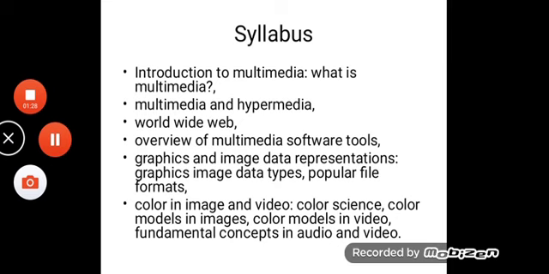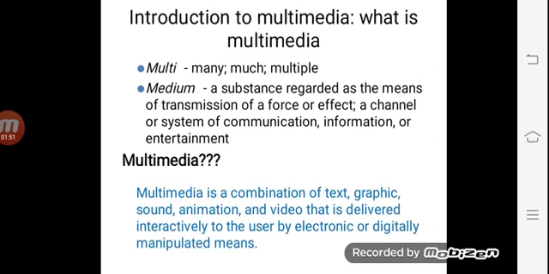Then an overview of multimedia software tools, graphic and image data representations, graphics image data types, popular file formats, and color in image and video, in which we will be covering color science, color models in image, color models in video, and fundamental concepts in audio and video. Now let us get started with the introduction to multimedia.